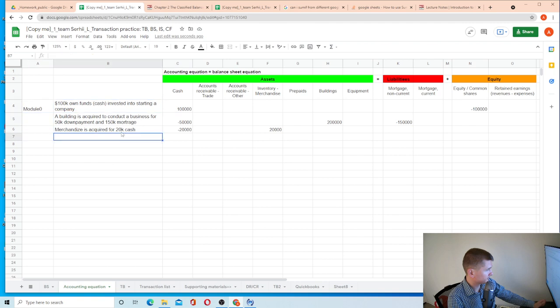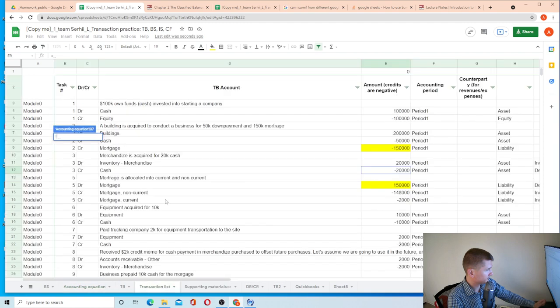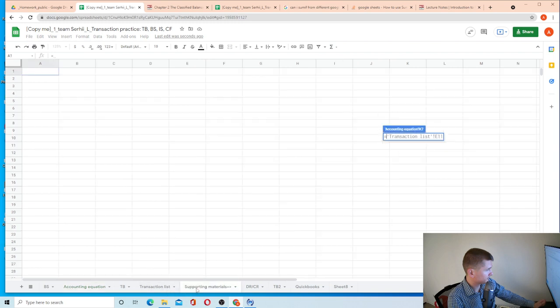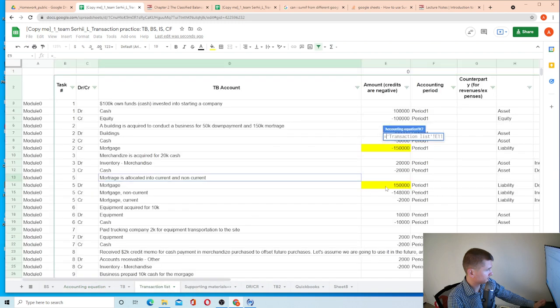Let's do a couple more transactions. Number 4. Okay, I missed number 4 here altogether. So I start first from number 5. Let's see what I have here.